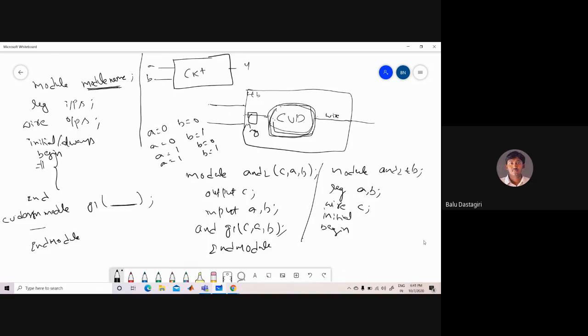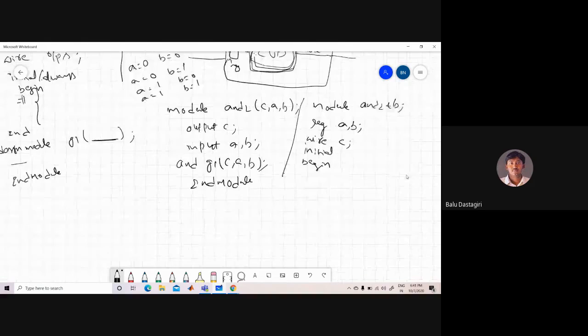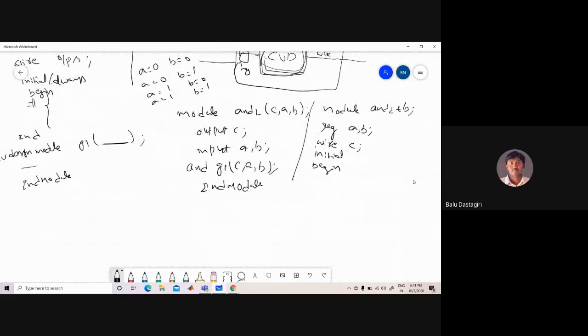Initial begin means whatever data we write under this initial begin, these values will be assigned only once to the particular variables. At 0 time units, I am specifying the value of a equal to 0 and b equal to 0.